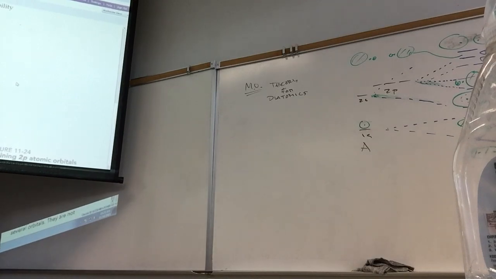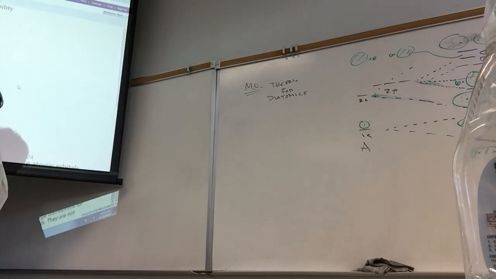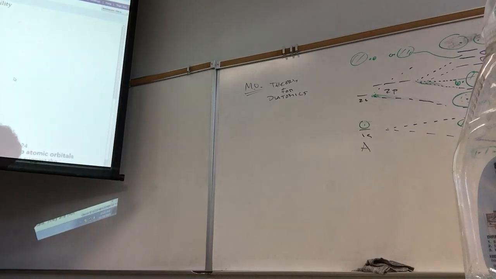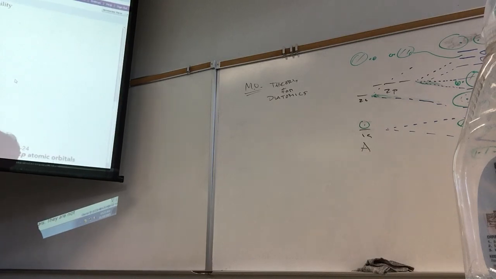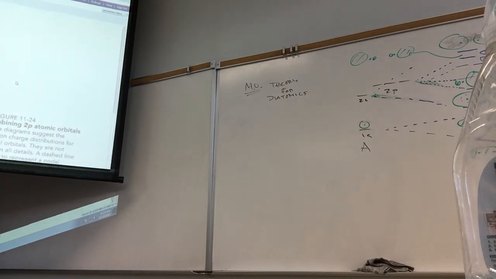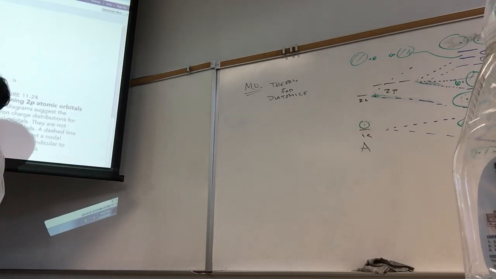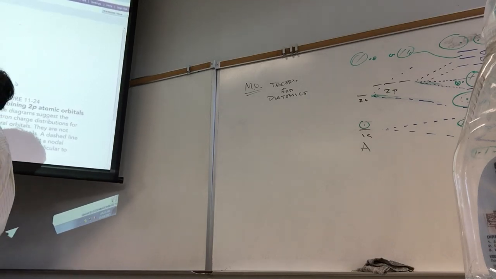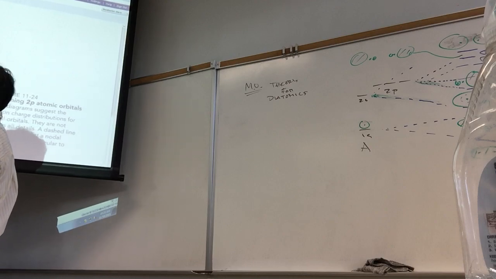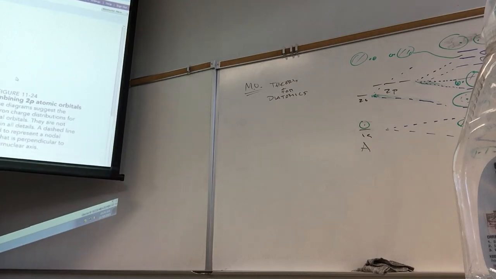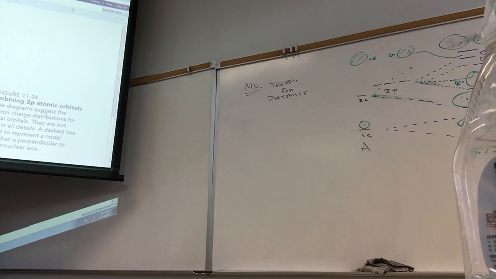Here's the sigma 2px, sigma star 2px. Here's the py, pi 2py, pi star 2py. And then we have the pz, which we're going to add just perpendicular. Pi 2p, pi star 2p. When we look at the energies, they are going to look like this.